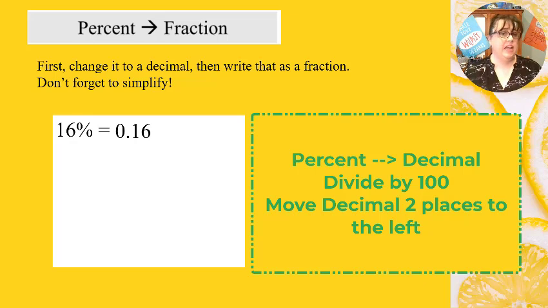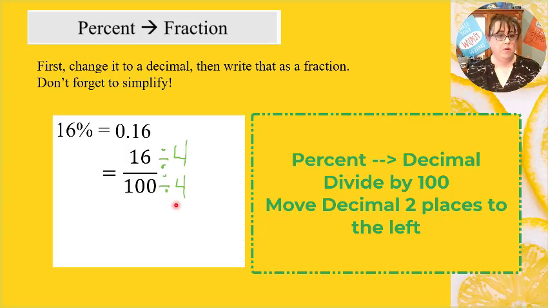That is 16 hundredths. Then we reduce 16 over 100. They are both divisible by 4. Remember that when we reduce, you have to do both the top and the bottom, and we get 4/25.